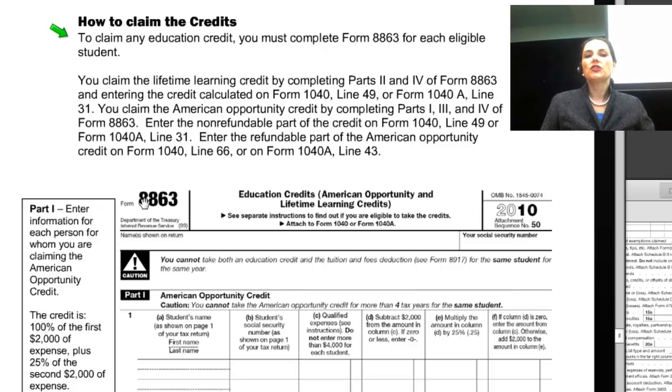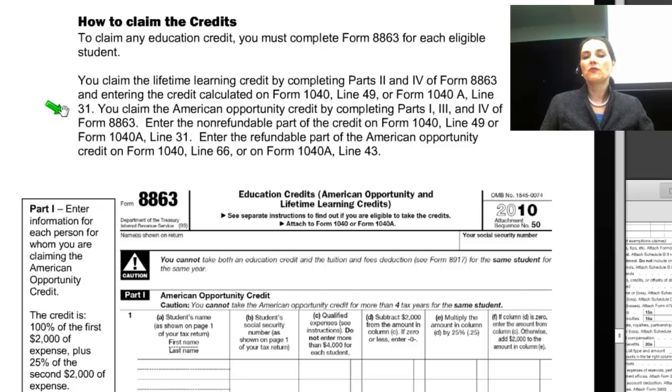To claim any education credit, you must complete Form 8863 for each eligible student. You claim the Lifetime Learning Credit by completing Parts 2 and 4 of Form 8863 and entering the credit calculated on Form 1040, line 49, or on Form 1040A, line 31. Now, for purposes of today's class, and actually any class we teach, we would ask that you complete all course assignments using the long Form 1040.